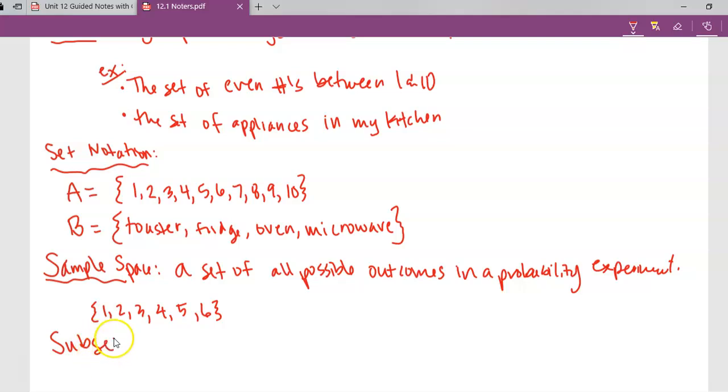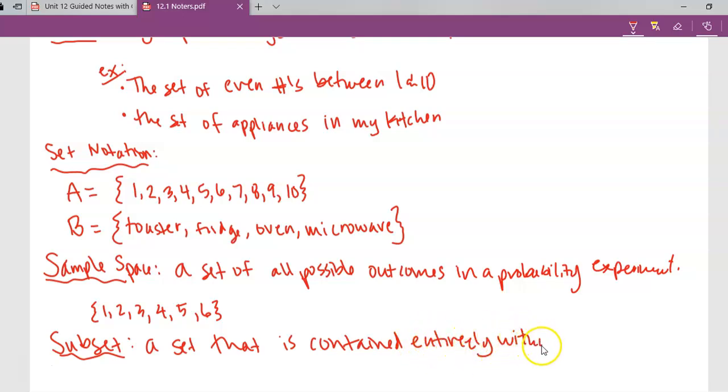Okay, a subset. A subset is a set that is contained entirely within another set. In other words, it's not a subset unless all the elements that are in this set are in the bigger set.